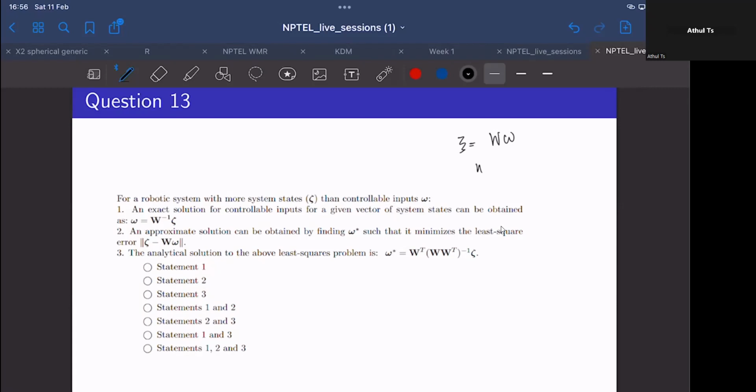So the number of equations would be greater than the number of unknowns. So an exact solution for the controllable inputs for the given vector of system states can be obtained.